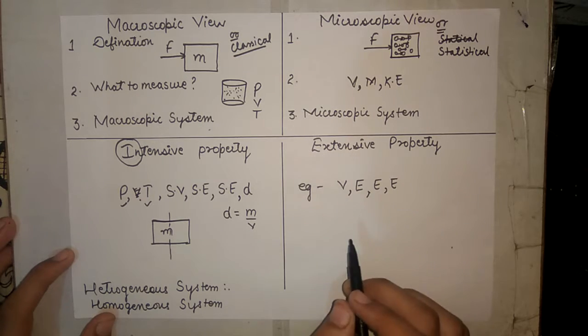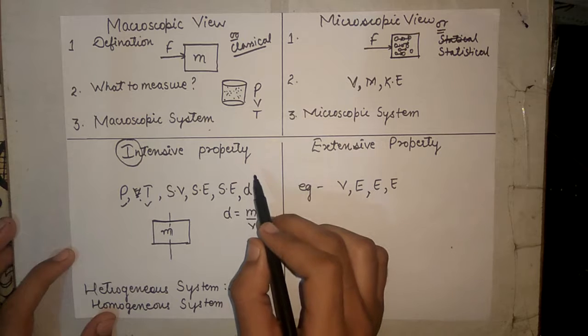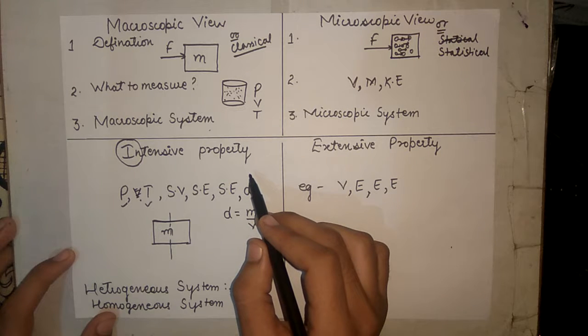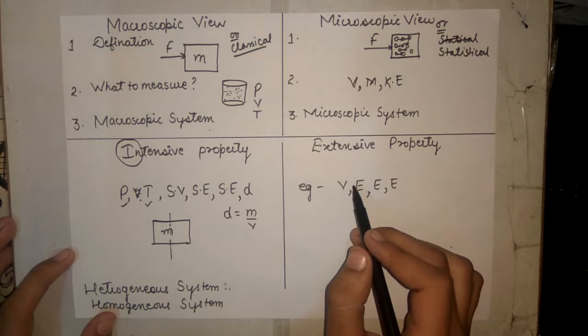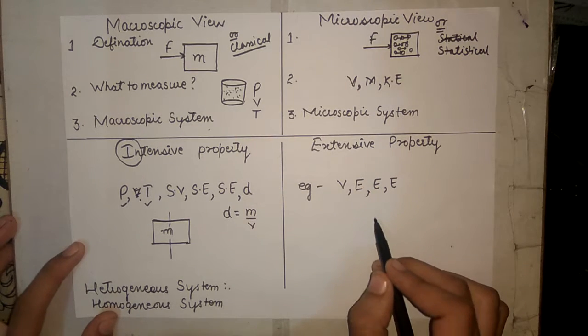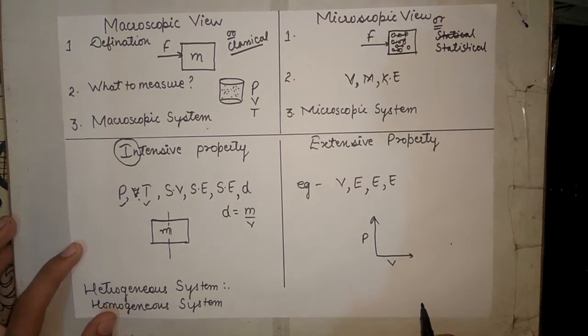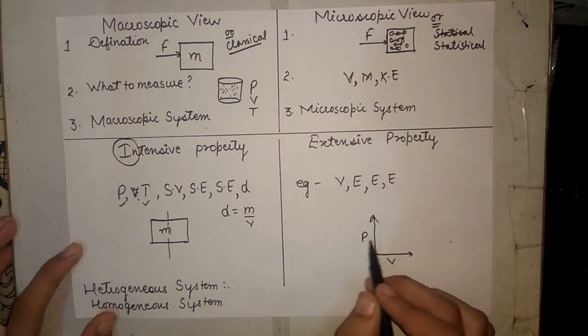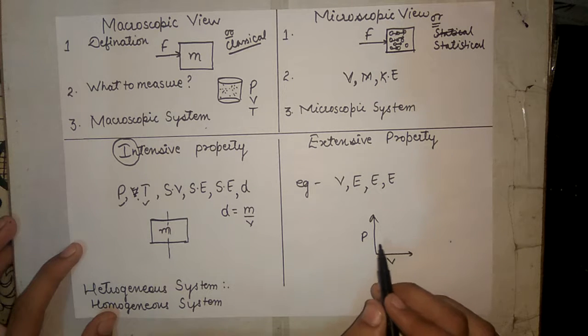There is one more thing, that all intensive properties are specific properties. Mostly what we do is make a graph between pressure and volume, and both the properties should be intensive properties.